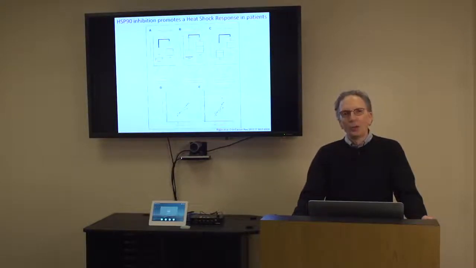The more cycles of treatment, the higher the induction of HSP70 is. And this has actually been used as a biomarker in clinical trials to show that we're hitting the target. But in retrospect, this appears to be an indication that we may be obviating the effect of the anti-cancer activity of HSP90 inhibitors by promoting this tissue protective response.